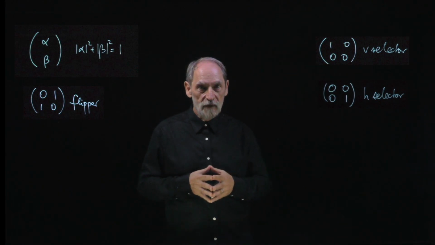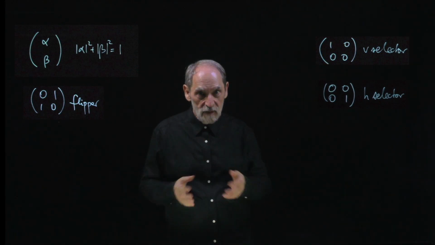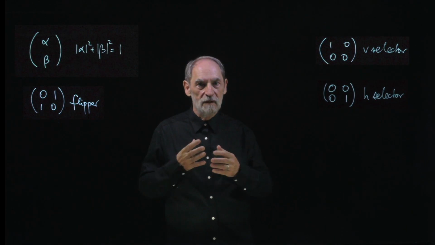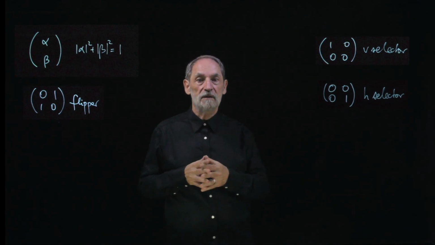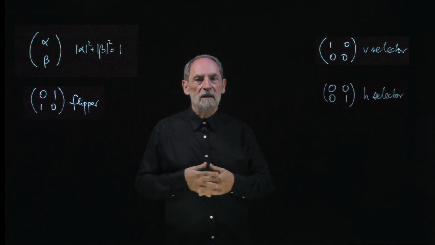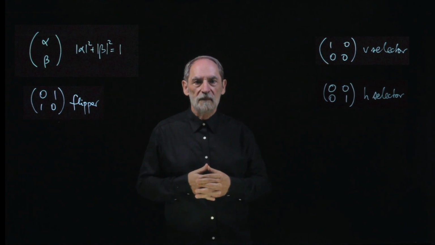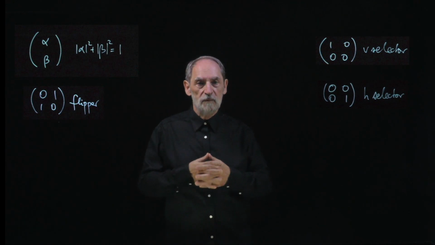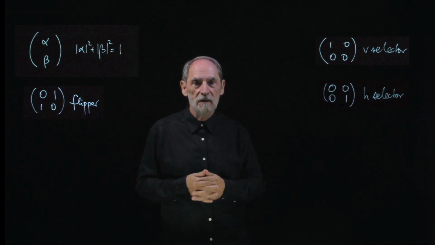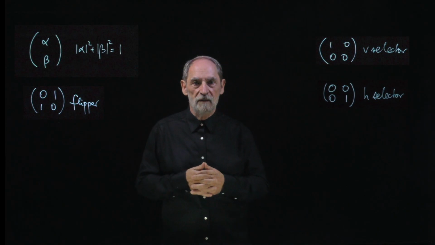What we have seen so far, rather simple matrices describing relatively simple operations on the polarization qubit, illustrates the formalism in a simple context. The formalism itself is much more complicated and richer, and we will learn more about it in the following lectures.